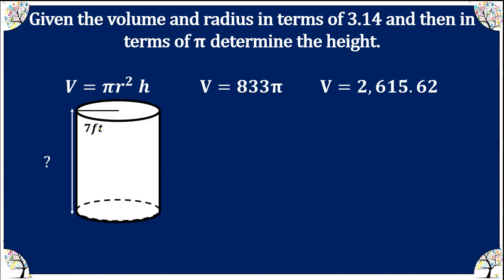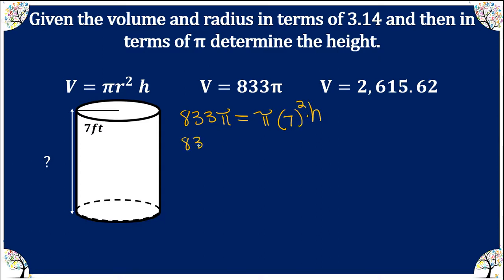We have a radius of 7. So our volume is 833 pi equals, and when I have the pi symbol included as part of the volume, you are simply going to write the pi on this side as well, not 3.14.